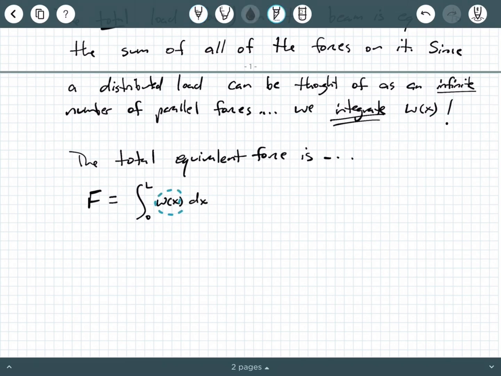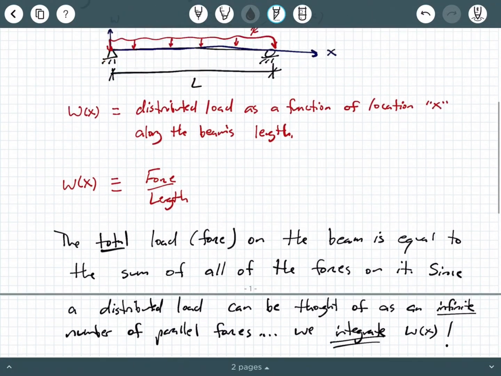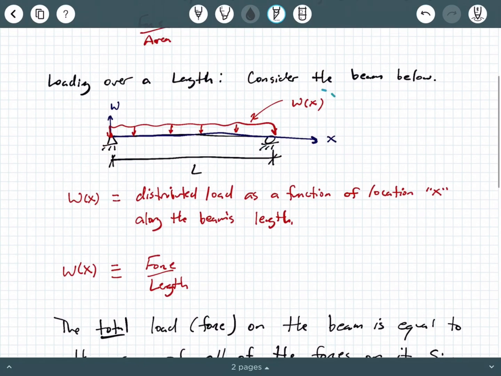And again, this is not W times X, it's W as a function of X. All right, so let's look at this for a second. If we knew this function, W as a function of X, and took the integral of this function from 0 to the total length that it's acting over, what we're going to get is a single force with just units of like pounds or kips or newtons, okay?